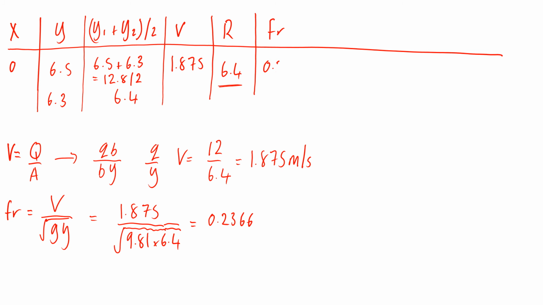Then you've got 1 minus F of r squared. So it's 1 minus this value squared. You get 0.944. Then you've got S of f, and S of f is given by the Chezy equation.